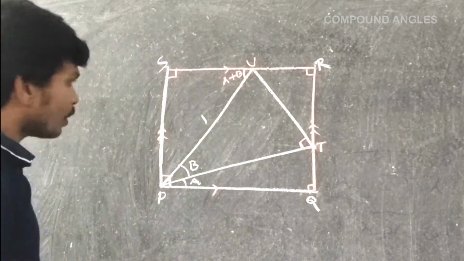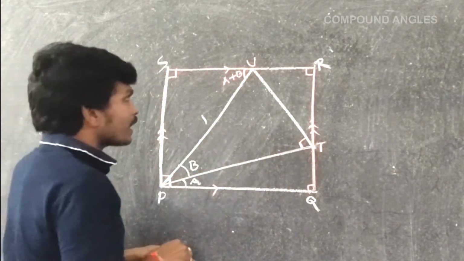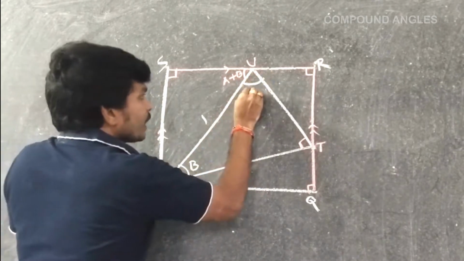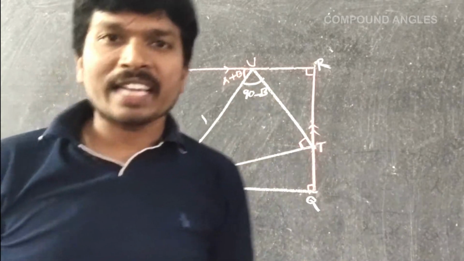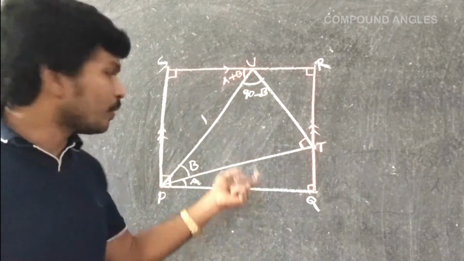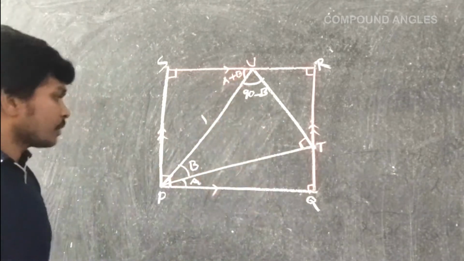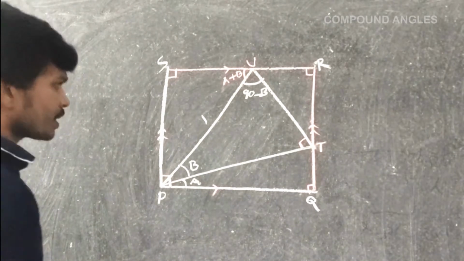Yes or no? Now you observe, this is B. This is 90. Can you say the angle of it? Yes, excellent. 90 minus B, because the sum of the 3 angles in a triangle is 180 degrees. Now add these 3 angles, you will get 180. B we cancel, 90 plus 90, 180. Excellent. Now observe my dear kids.